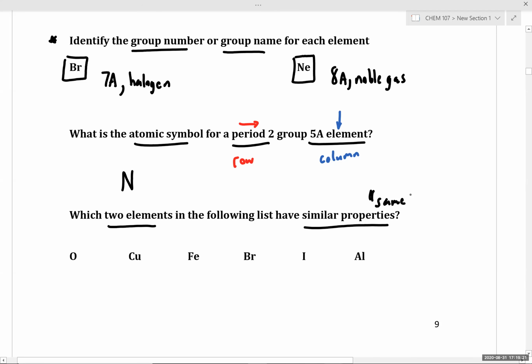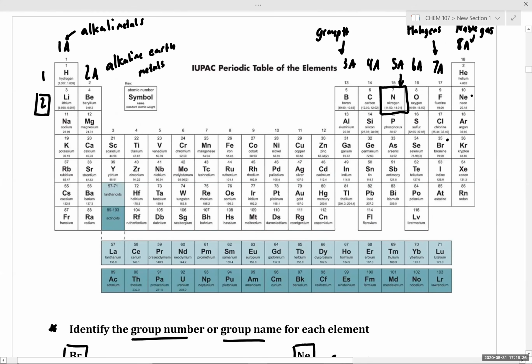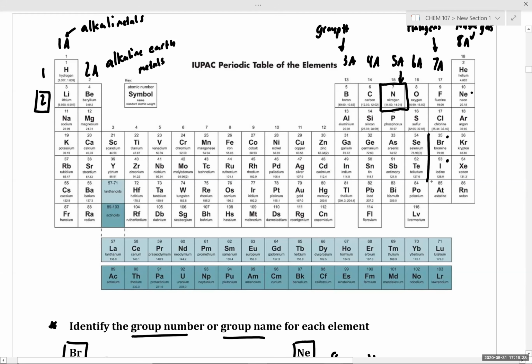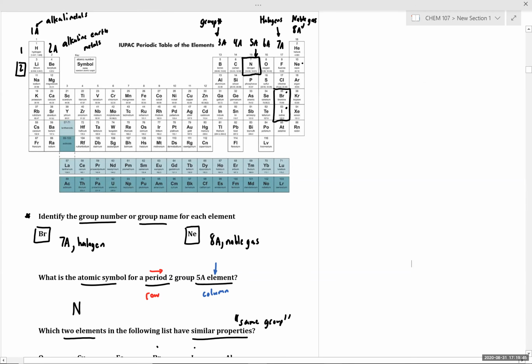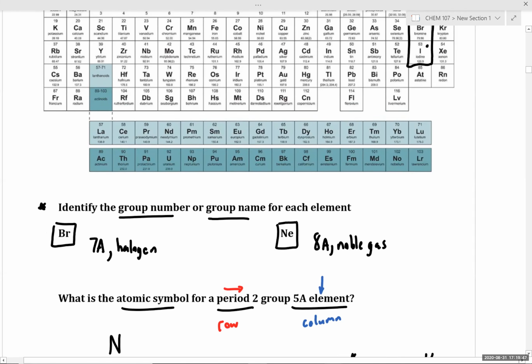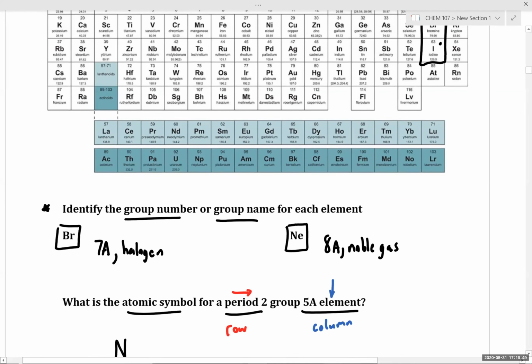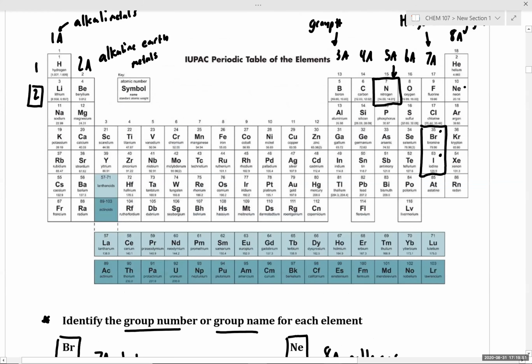So when I'm asking for 2 elements with similar properties, I'm looking for 2 elements in the same group. From this list, the one thing that stands out to me is bromine and iodine. If we look in our periodic table and we find bromine and iodine, are bromine and iodine in the same group in the periodic table?